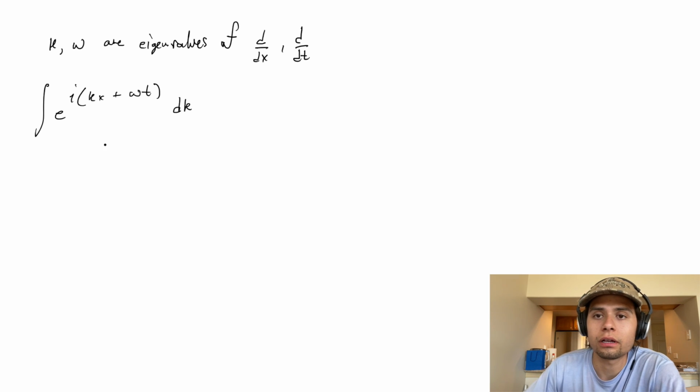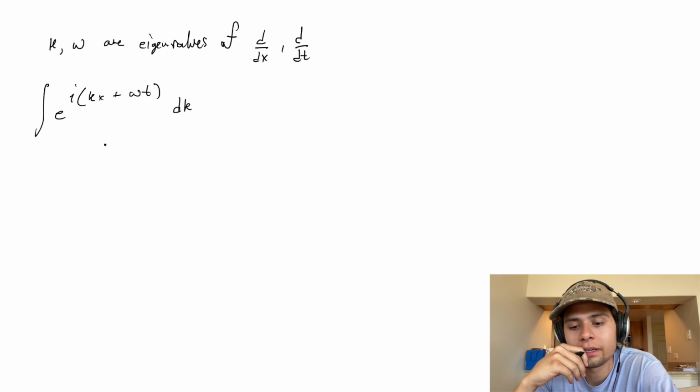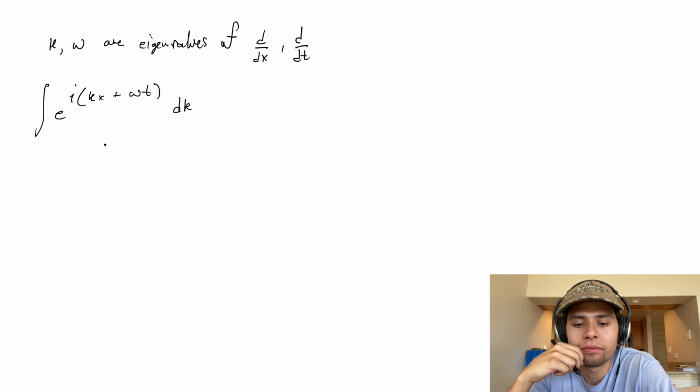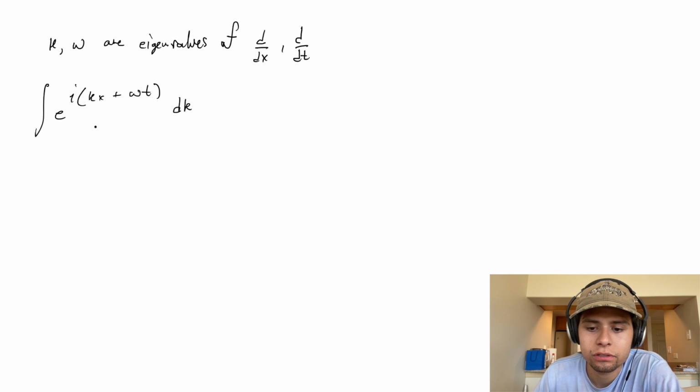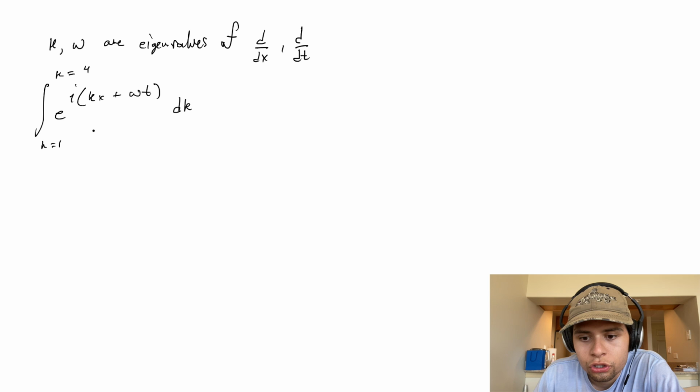This is something we're going to find a lot in quantum field theory, but it's also helpful to understand this in advanced quantum mechanics. So we integrate this over k, going from, say, k equals 1 to k equals 4 or something like that. So how can we make sense of this?